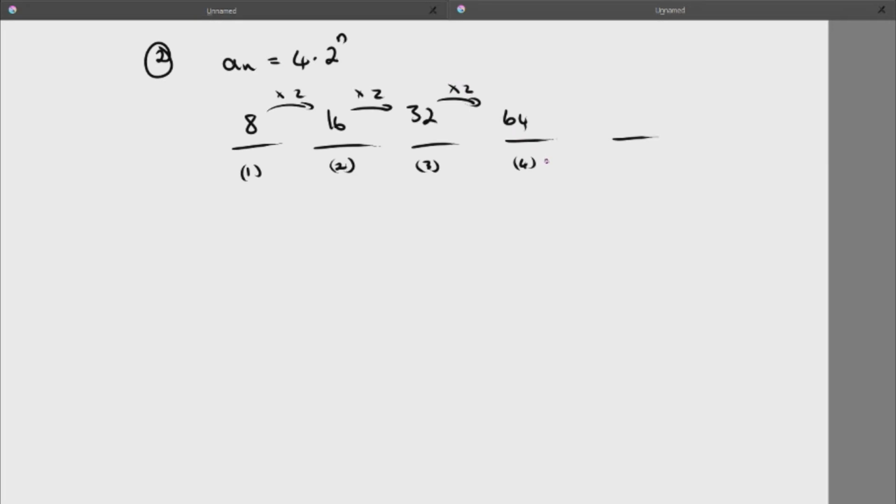Why wouldn't position 1 be 4? Because you have to do the whole calculation. So this is n, right? So then that means the first term is 4 times 2 to the power of 1. Oh, I see. That's it.